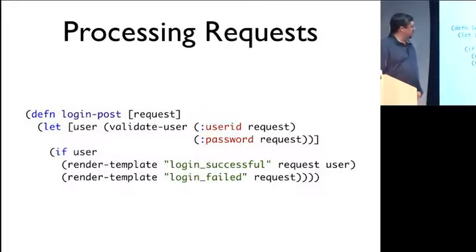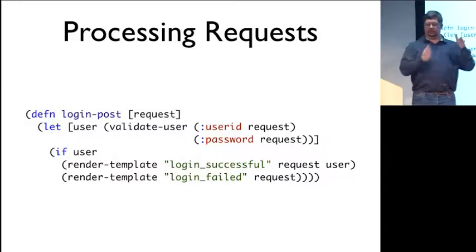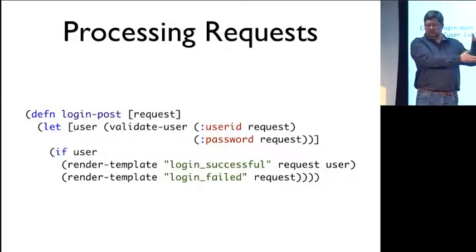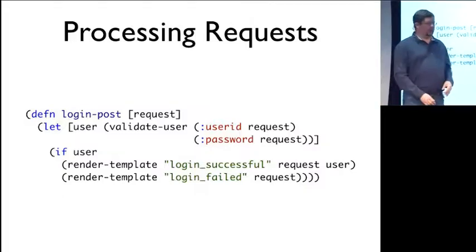Processing the requests at the end of the line in the app looks kind of like this. We've seen stuff like this before, but I like to conceptually keep things organized as: go and do all the stuff you need to do first, and then build the response.